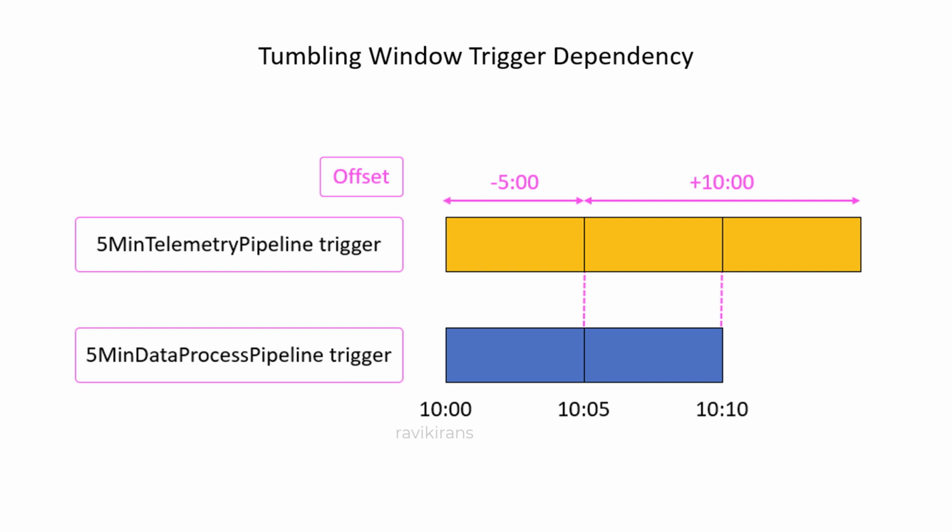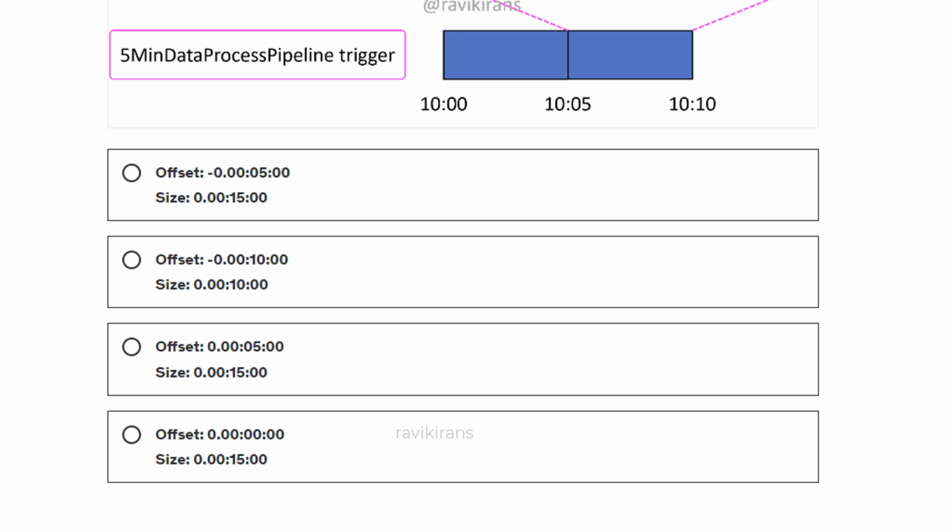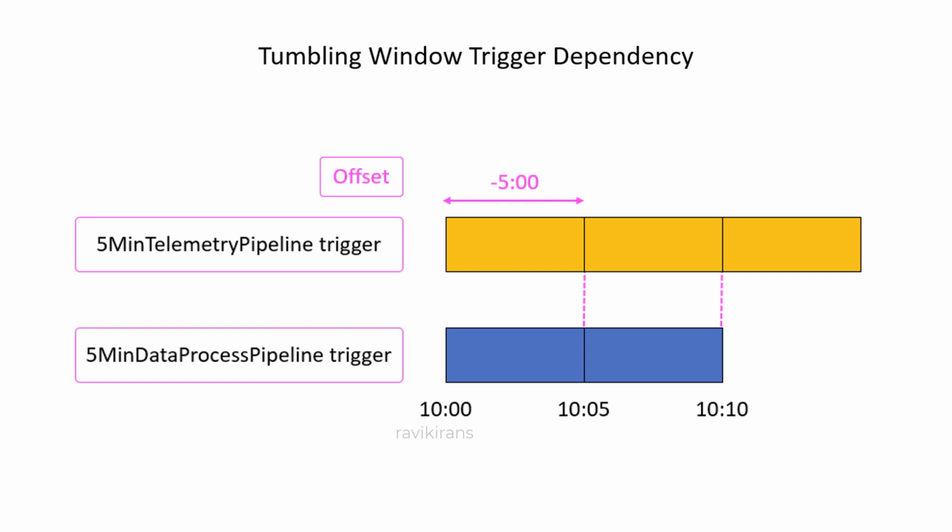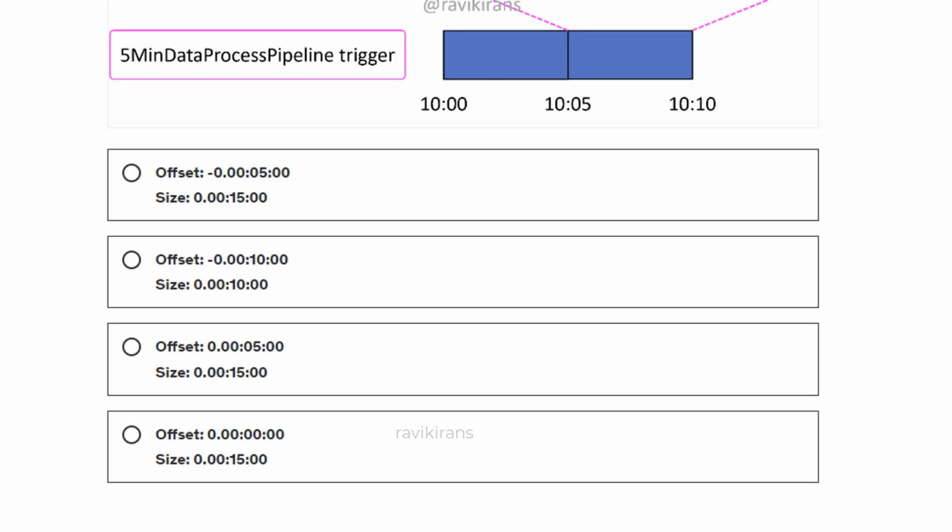Since the starting point of the dependent window is in the past, we use a negative value for offset. So options C and D are incorrect. As the data process pipeline is dependent on only the immediate previous window, it is sufficient to offset the dependency to one previous window, which is 5 minutes. So we can eliminate option B too.